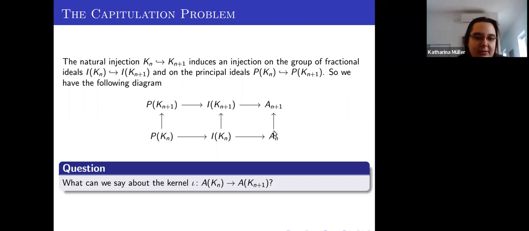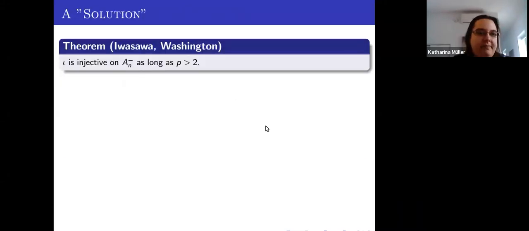So a natural question we could ask ourselves now is, okay, we know that the embeddings on principal ideals and fractional ideals are injective. So what do we know about the kernel if I look at the p part of the class group? And there's a solution to this problem. The idea originally goes back to Iwasawa, but I learned about the proof in Washington's book on cyclotomic fields.